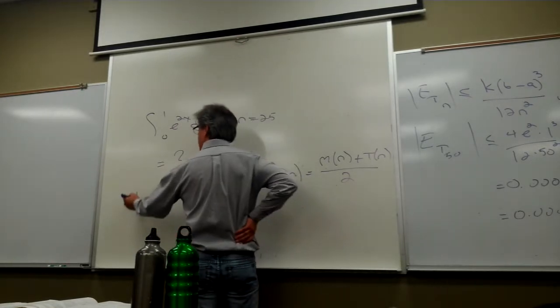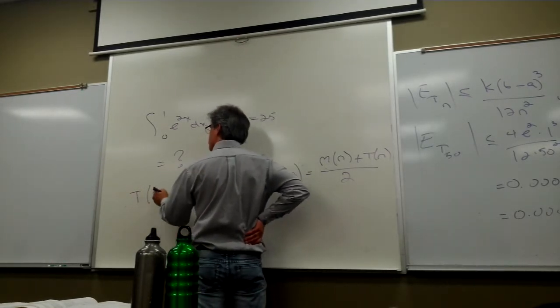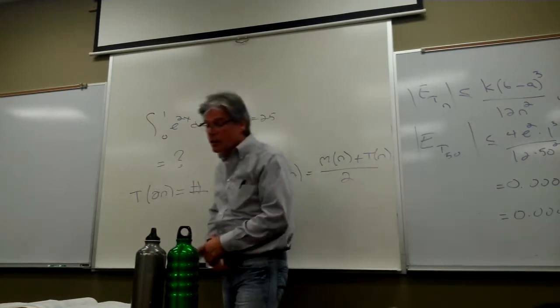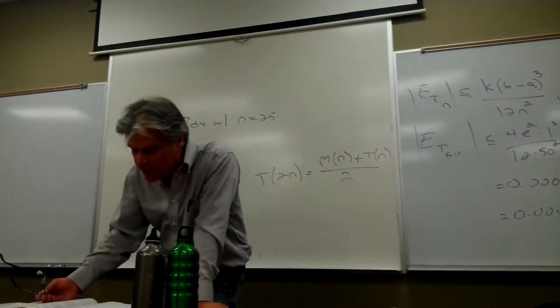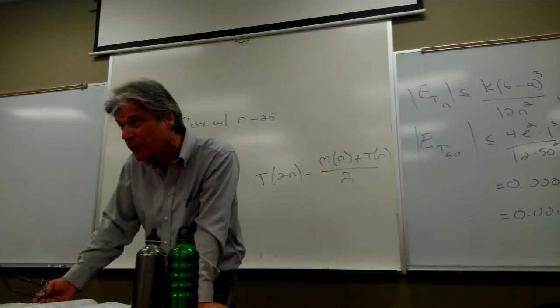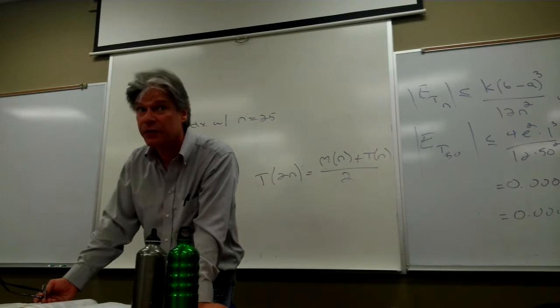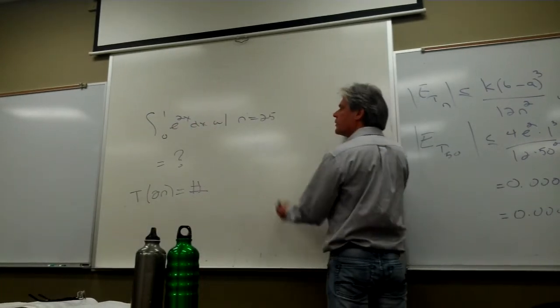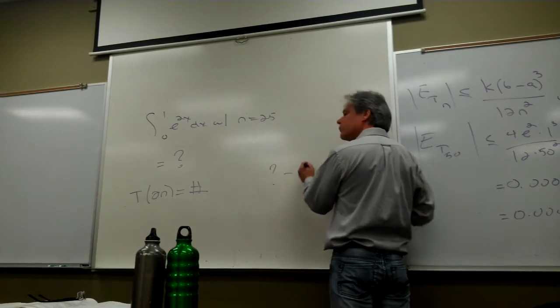In evaluating T of 2n, I come up with some number, call it pound symbol. Now in number 31, in part C, he's asking me to compute the absolute error in using 2n subdivisions.